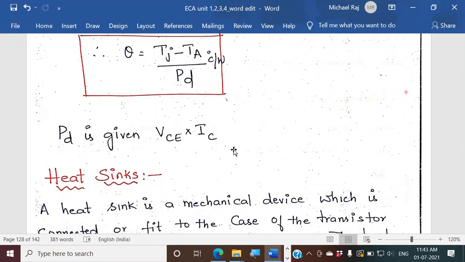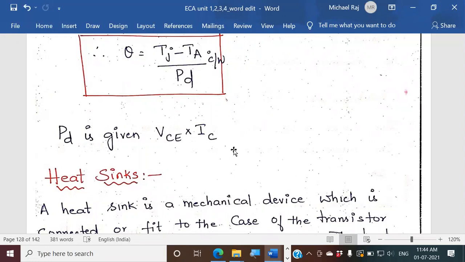Now actually what is happening? You are taking a power transistor and connecting it in a power amplifier or large signal amplifier.